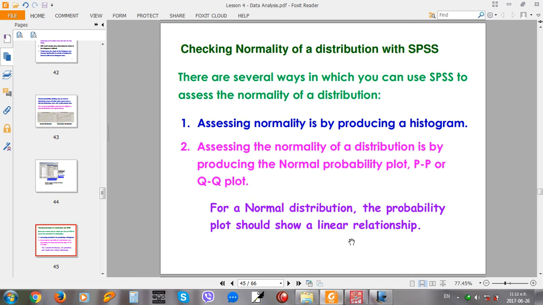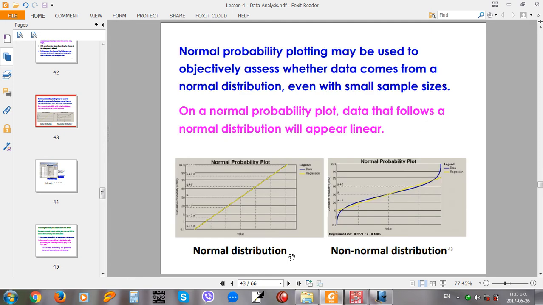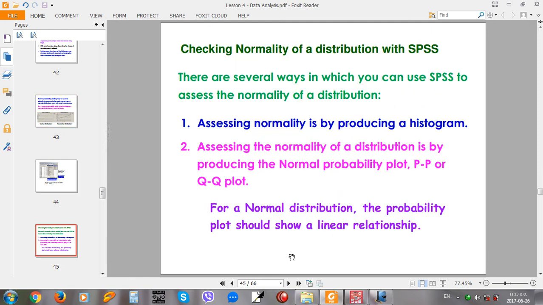The second is to produce a normal probability plot, a PP or QQ plot. You can draw these plots. For a normal distribution, the probability plot should show a linear relationship.